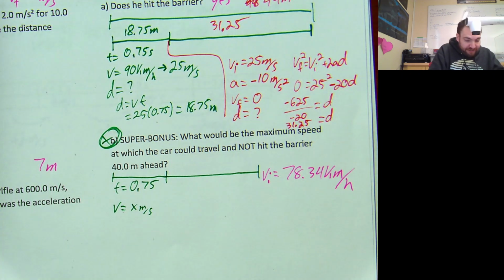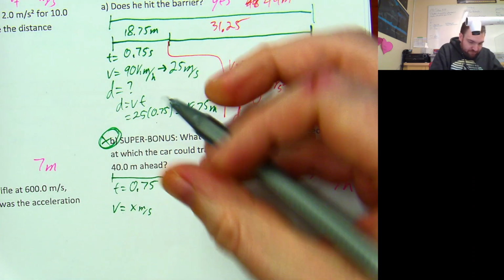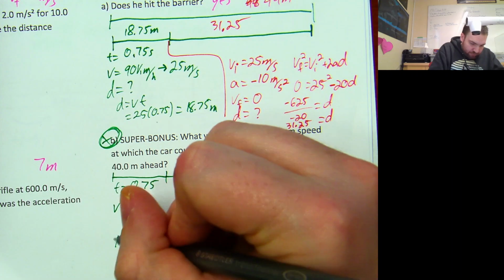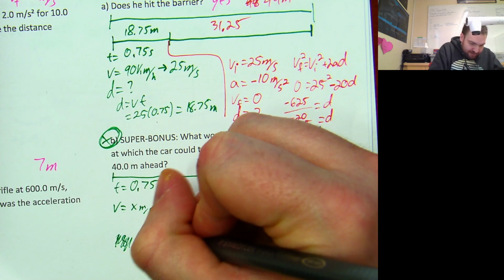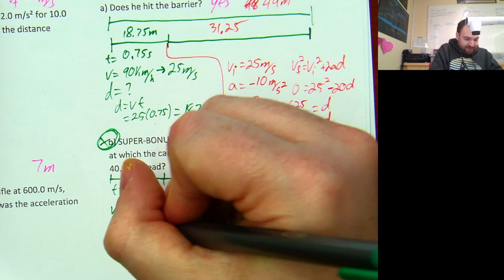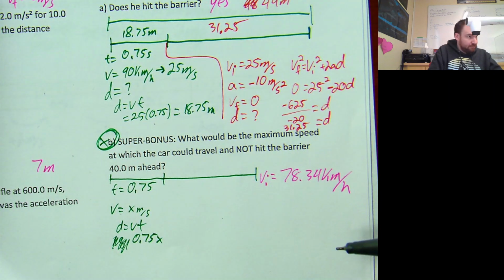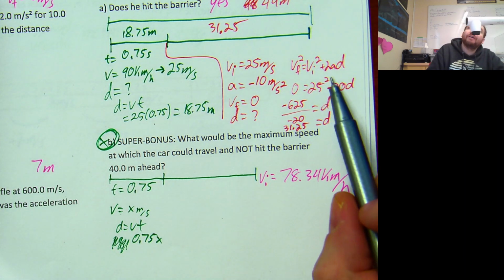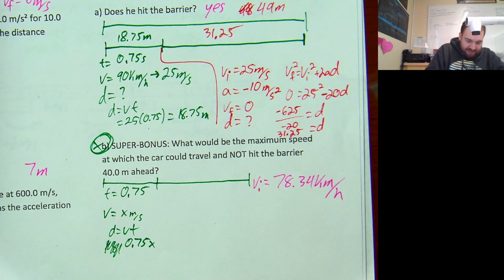So we know that this initial distance traveled is 0.75x, because d equals vt. We cool with that? Okay. The second distance, if I go back up here and rejig this thing, I'm just going to rewrite it.